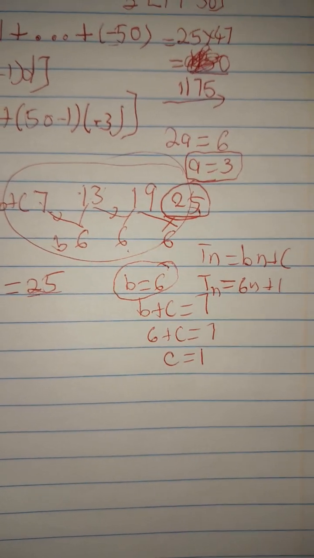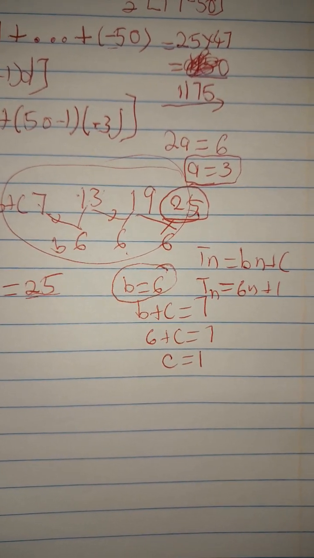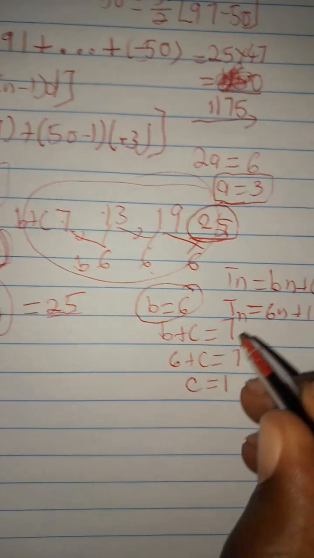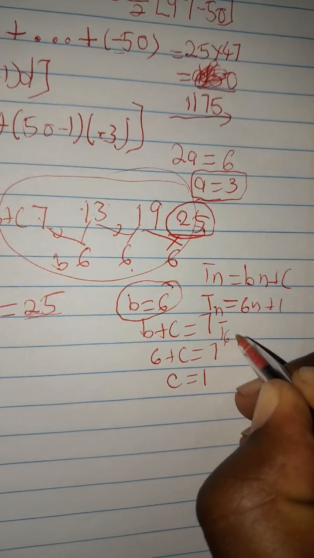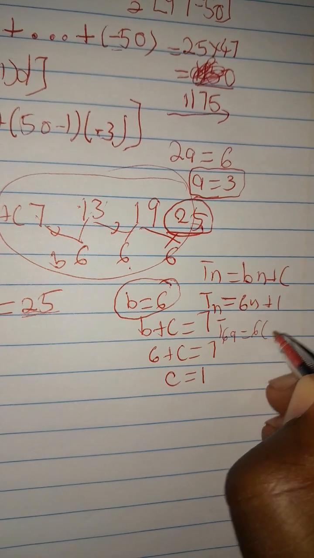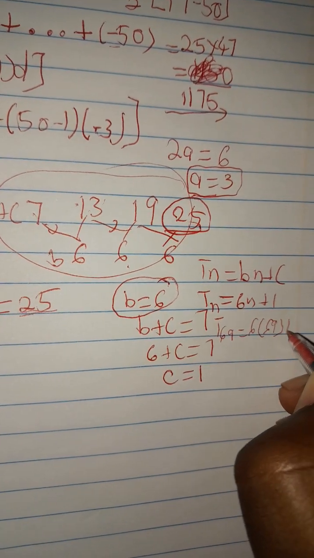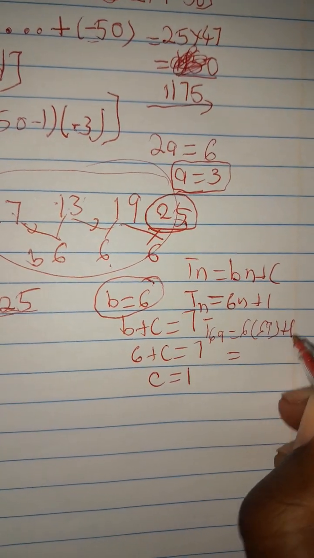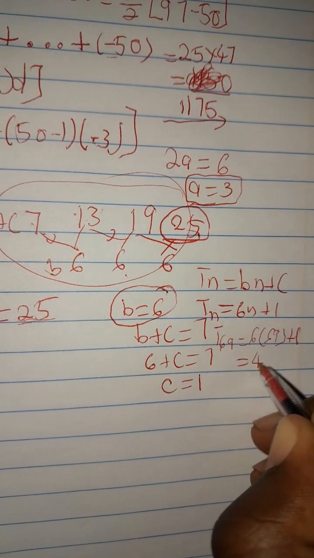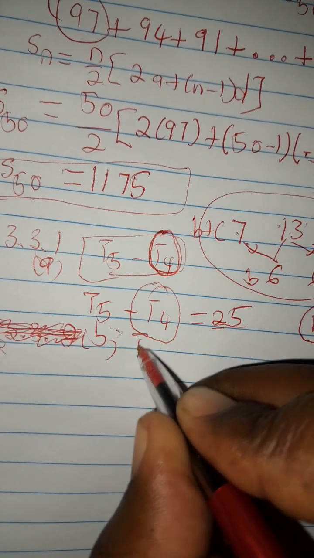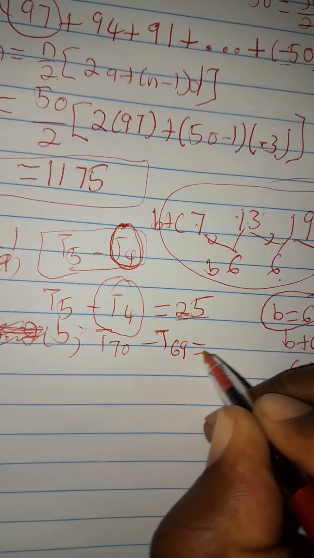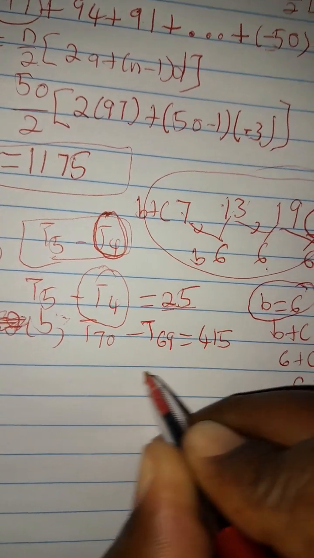Just say 6 times 69 plus 1, we get 414 plus 1, that will be 415. So in this case, T70 minus T69 will be 415.